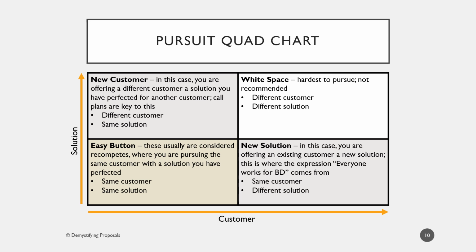Moving across on the customer arrow, you might have a new solution that you're offering to a customer that you already work with. So this is an example of where the expression everyone works for BD comes in, because oftentimes the people who are working for the easy button customers, the customers where you already have the work and you already have the solution, that customer may say, we need somebody to do this, or we need somebody to do that.